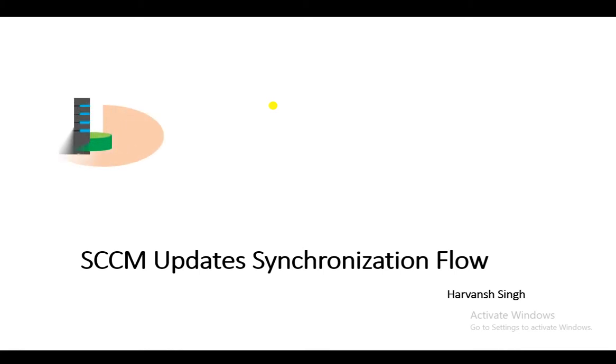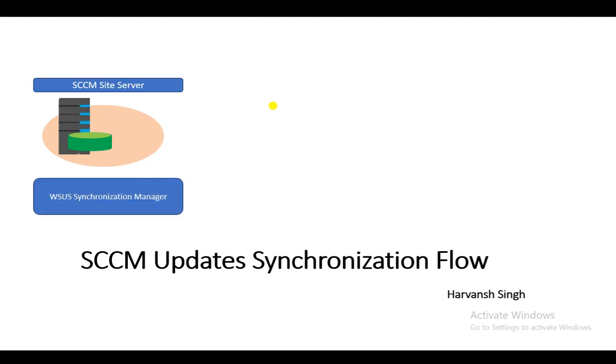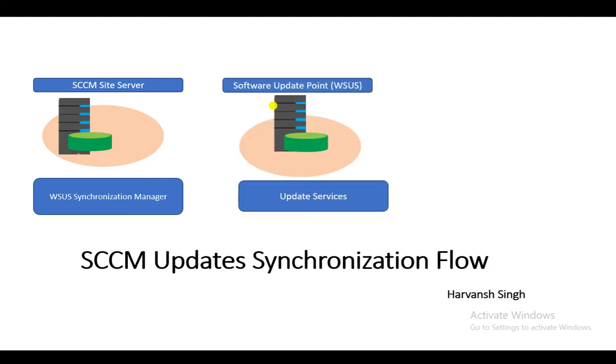Here I have created a PPT to understand it well. This is my SCCM server, and from my SCCM server I will be starting the synchronization. And here is my WSUS server where I have installed WSUS, but in my lab scenario I have installed SCCM and WSUS on the same server. So how will it work, let's see.